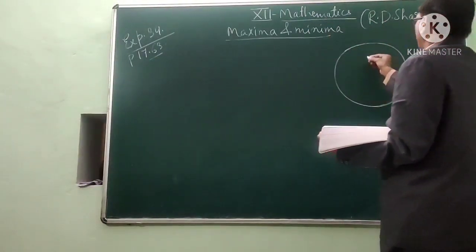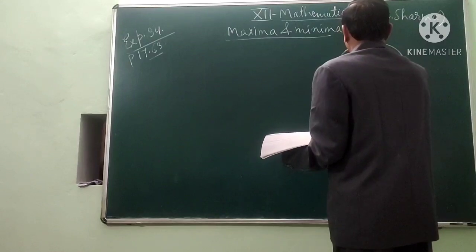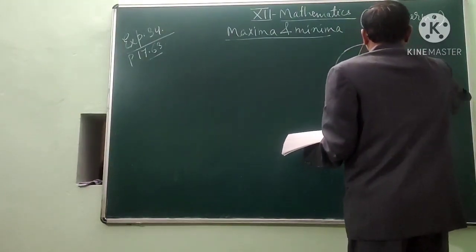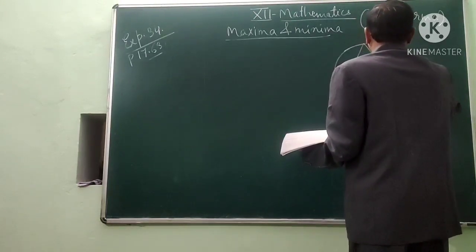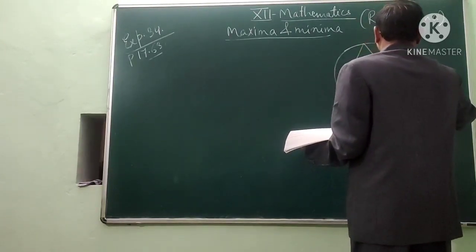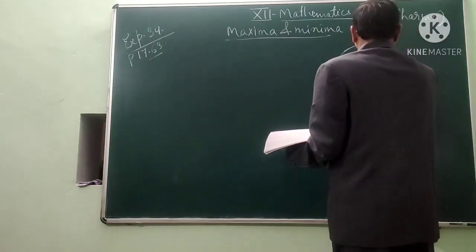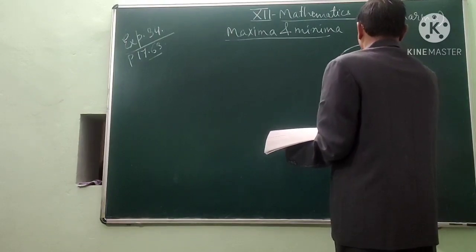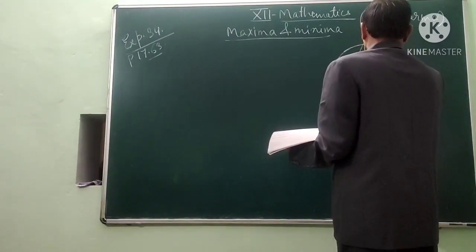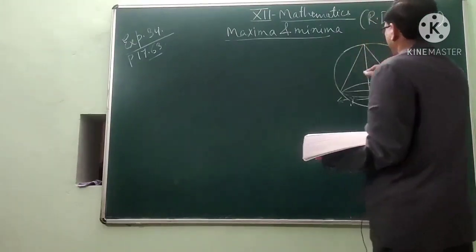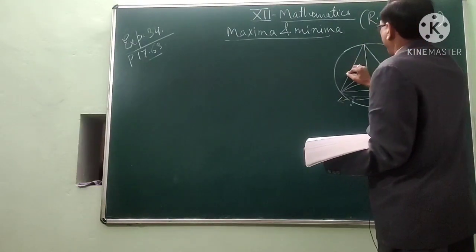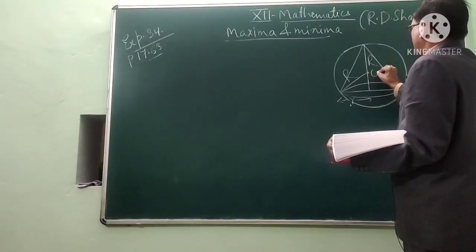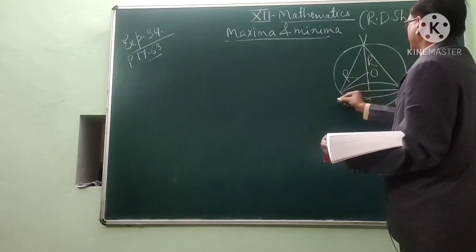There is a sphere, and a cone is inscribed in the sphere of radius r. Let capital R be the radius of the sphere. This is the center of the sphere, and V is the vertex.